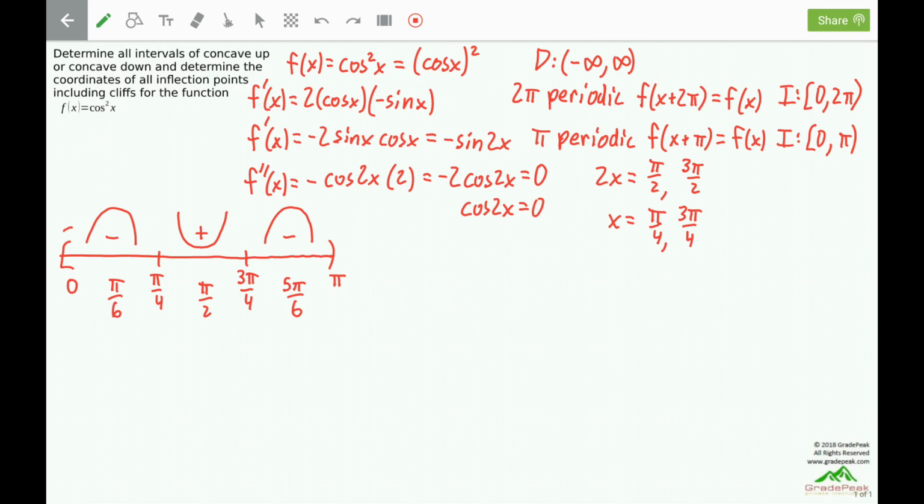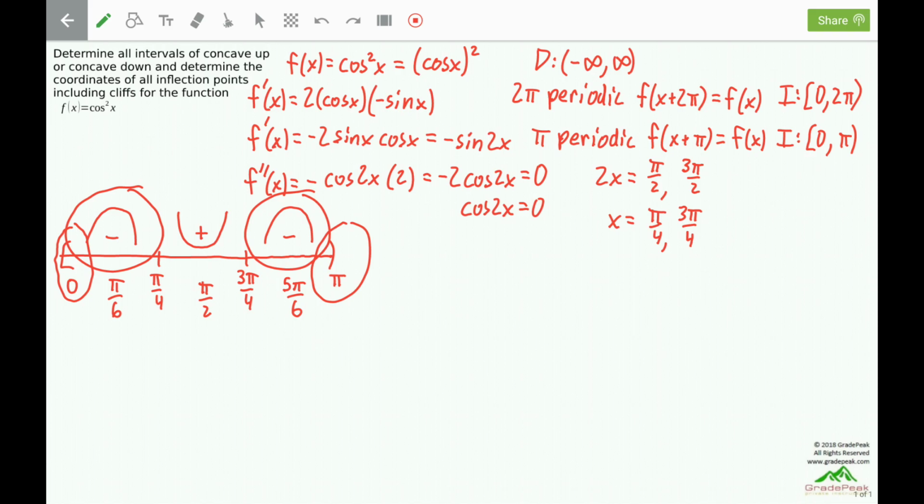Now this left endpoint here is included. And this is pi periodic, which means this right endpoint overlaps with this left endpoint. And so this concave down interval here and this concave down interval here will connect together.